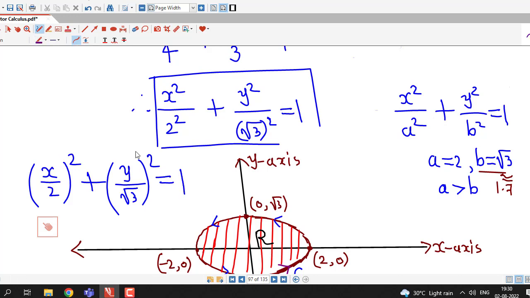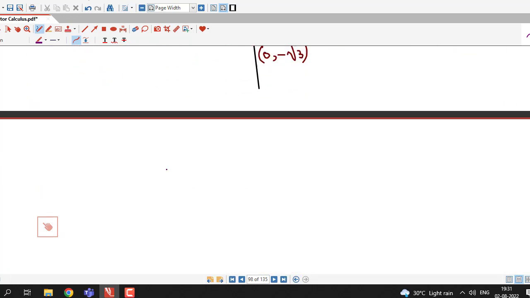So from this we get the idea that we consider x by 2 equal to cos t and y by root 3 equal to sin t, where t runs from 0 to 2 pi, because we have to consider the boundary of the whole ellipse. We start from here and complete one full circle, which gives 2 pi. So we will take x by 2 equal to cos t and y by root 3 equal to sin t as the parametric representation for the line integral.